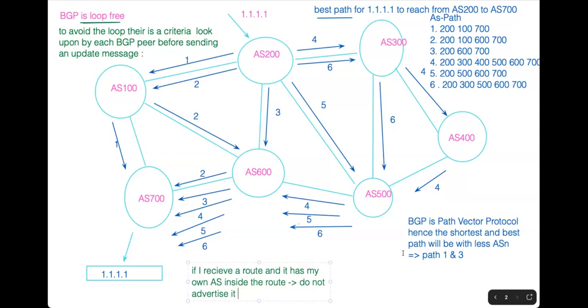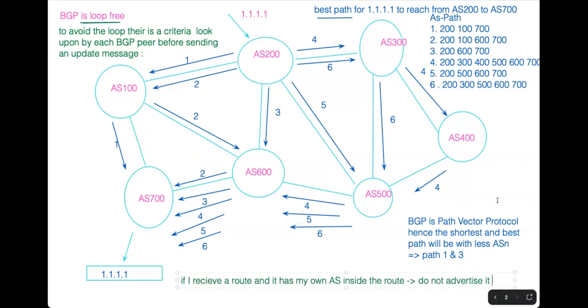Now, how do we understand this? So we can see that here, this route is being advertised by the AS200, right? So what the AS200 is doing, AS200 is advertising this route to all these AS in each and every direction.